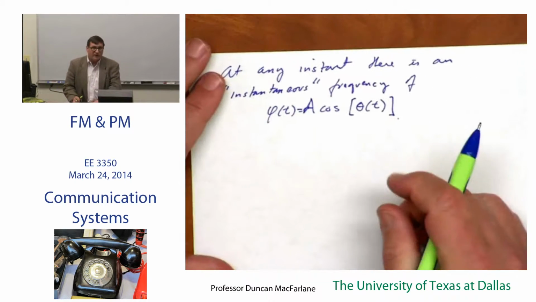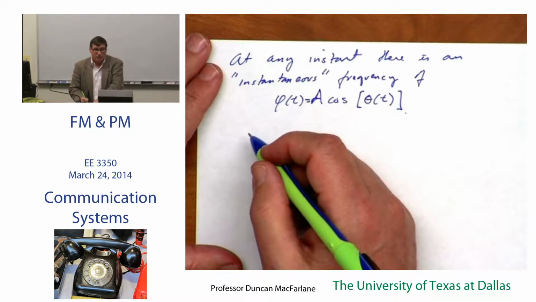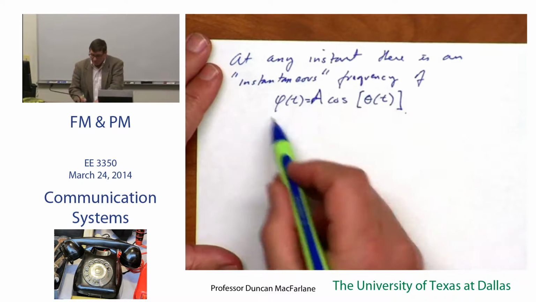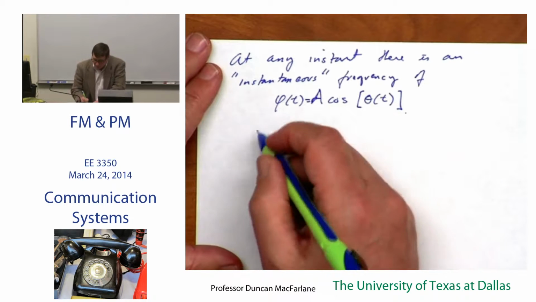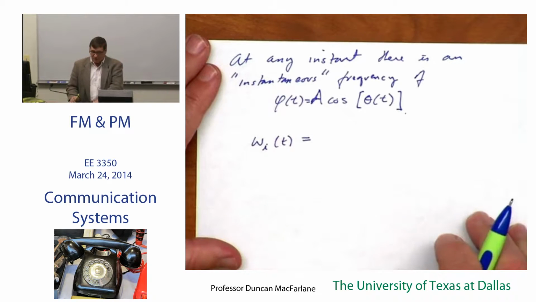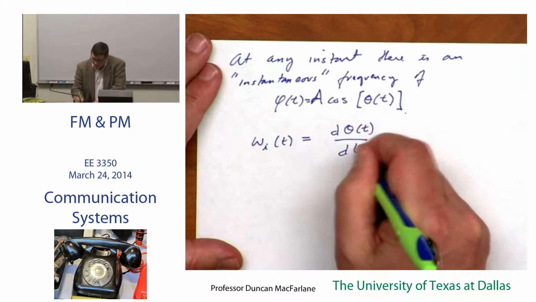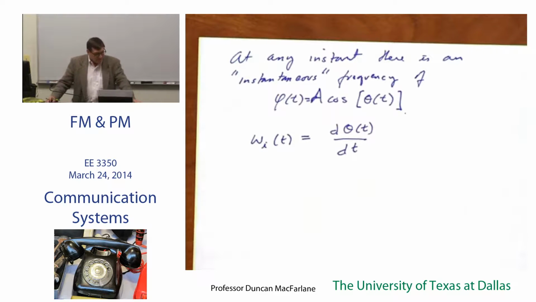So one of the things that I need you to do, actually more than remember, every time you see this, I want you to think about calculating the instantaneous frequency as the rate of change of the phase.